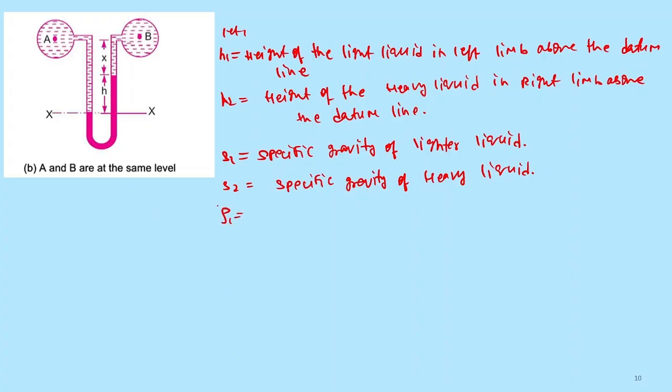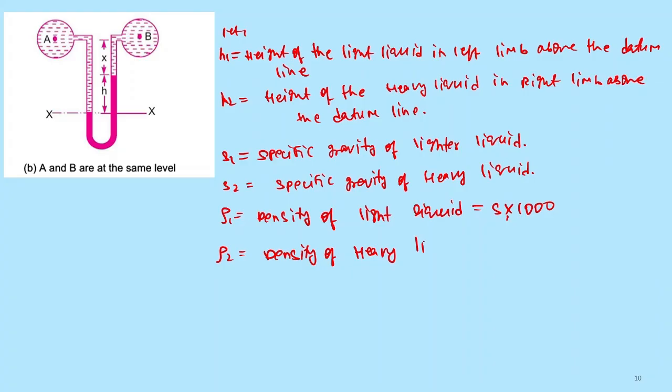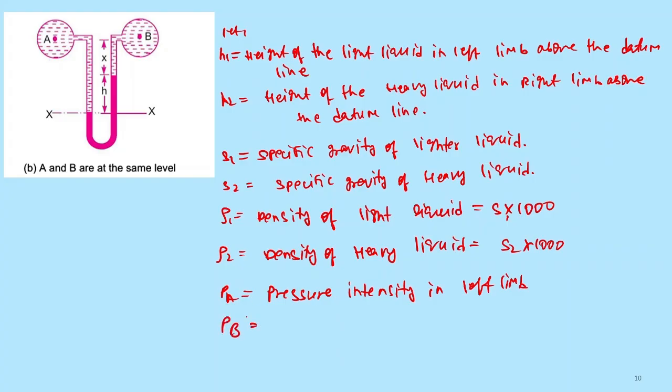And rho 1 equal to density of lighter liquid, and we can write the formula for this like S1 into 1000, and rho 2 equal to density of heavier liquid, and PA equal to pressure intensity in left limb, and PB will be the pressure intensity in right limb.